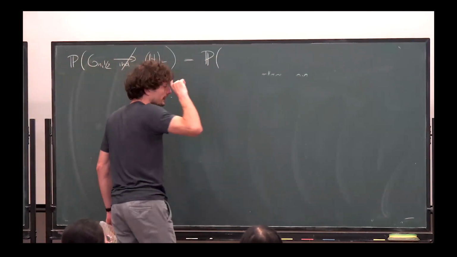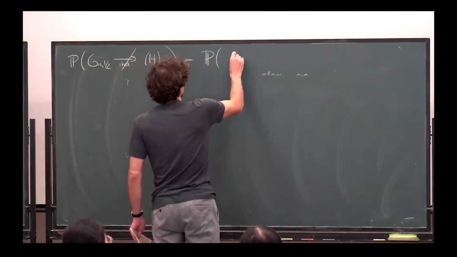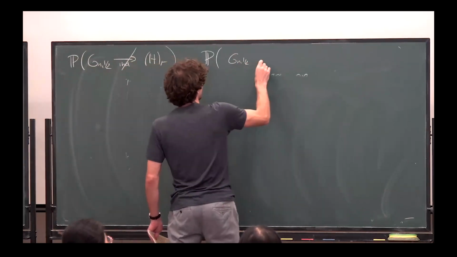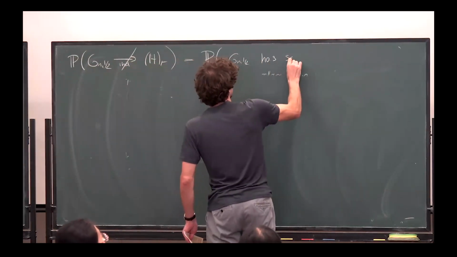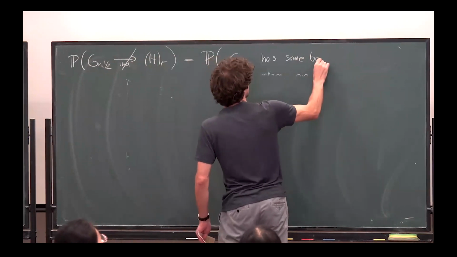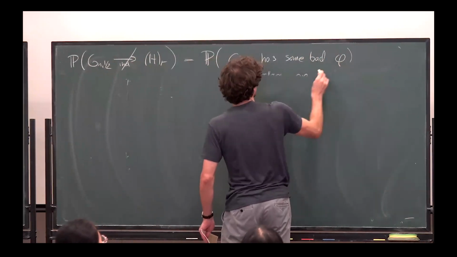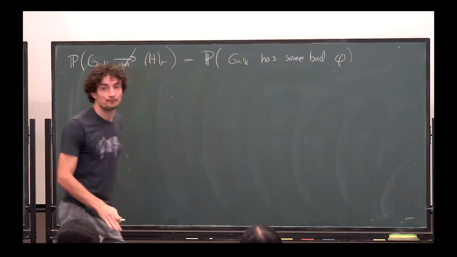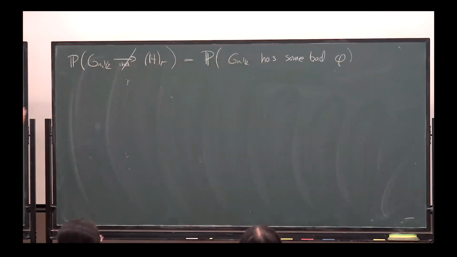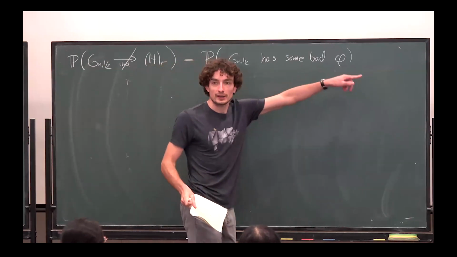This is the probability that Gn1/2 has some bad coloring phi. But we built a family of independent sets for these bad colorings, so a family of containers for these bad colorings, because every bad coloring is an independent set.